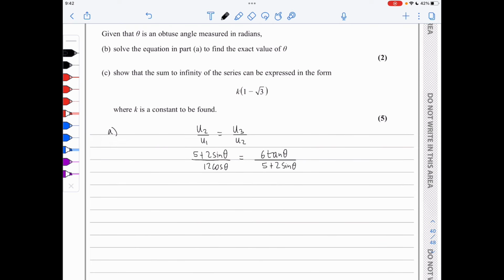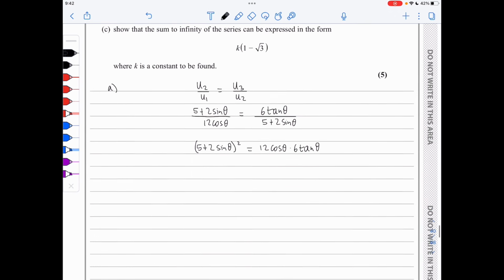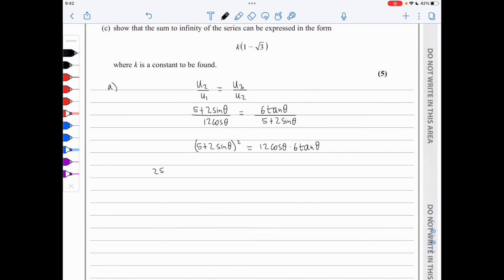I will now cross multiply to get that 5 plus 2 sine theta squared is equal to 12 cos theta times 6 tan theta. I will expand the left hand side to give me 25 plus 20 sine theta plus 4 sine squared theta, and on the right hand side 12 times 6 is 72 cos theta, and I'll be writing tan theta as sine theta over cos theta.